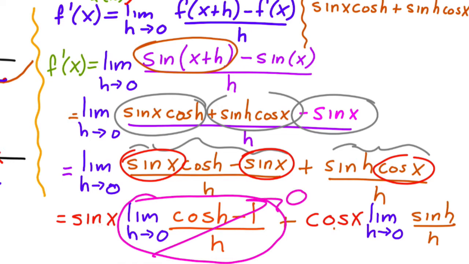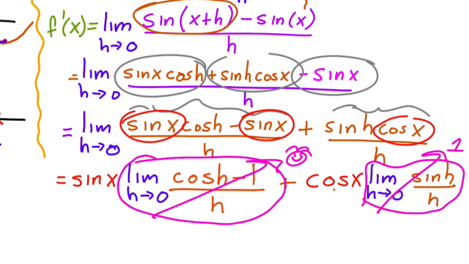So what I have is sine of x times 0. That's 0 with a smiley face on top. Woo! And then this guy right here, well, that's equal to 1. So what's the only thing that's left over? Well, the only thing that's left over is cosine of x. So that's it.